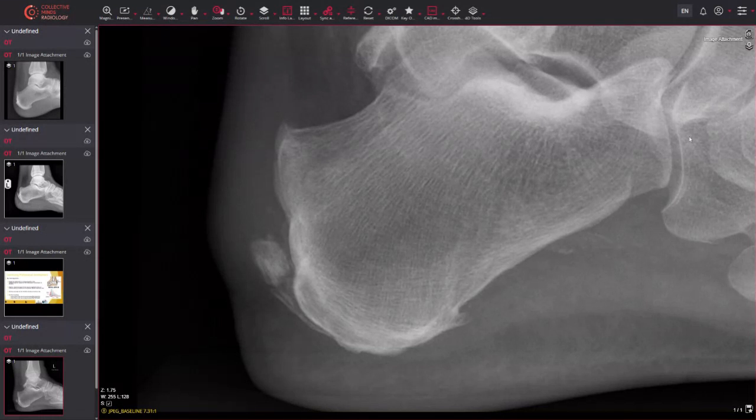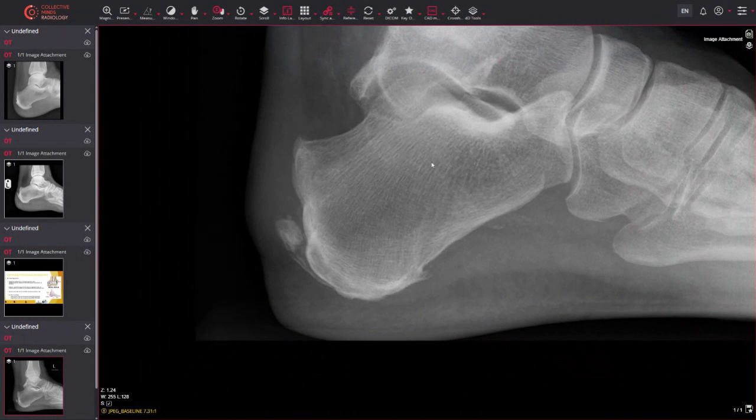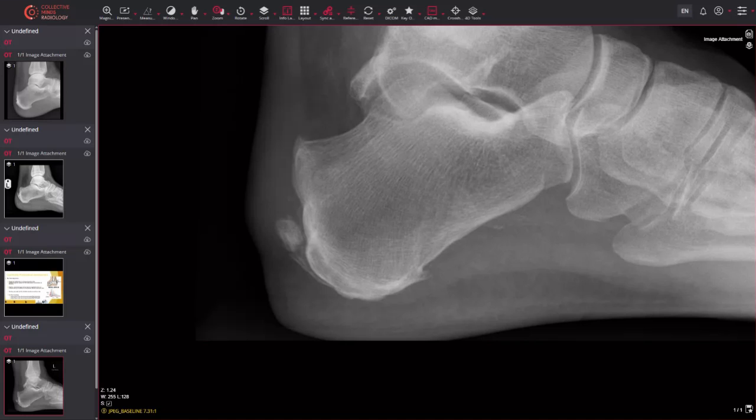Another word for Haglund's deformity is pump bump, because often it's associated with hard back shoes constantly rubbing, putting pressure on this area, and it leads to bursitis, swelling of the bursa, and that then leads to Haglund's deformity. So some of these you pick up incidentally, but often patients will present with heel pain. You might get specific indications asking to identify whether there's Haglund's deformity.